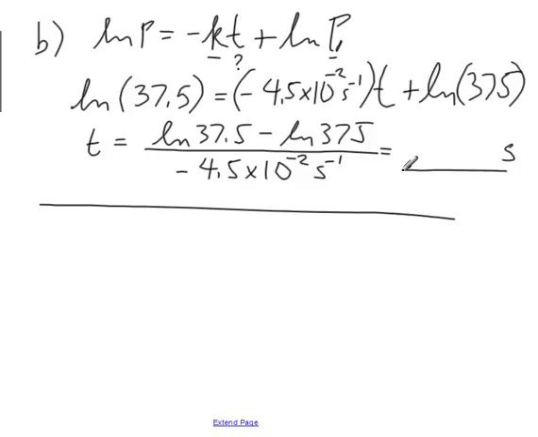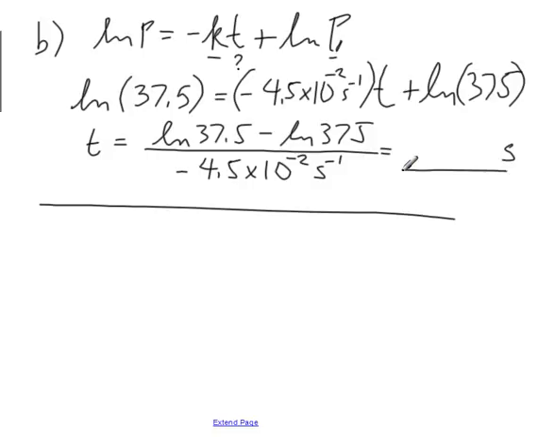Eugene, does that make sense to you? If you don't understand where the original equation came from, can you accept that that's the integrated rate law for first order process? This question said it followed first order kinetics, so we start with that equation. From there, the question gave us the rate constant.